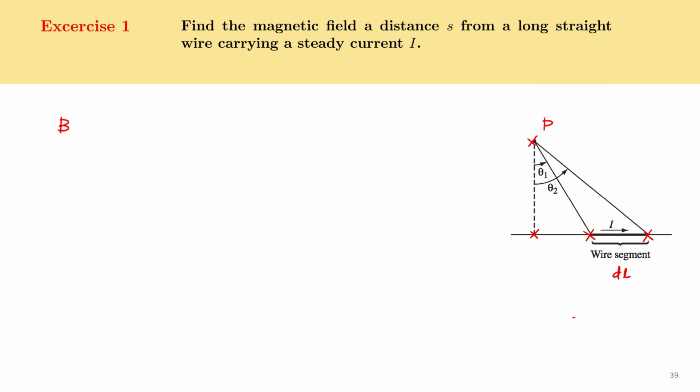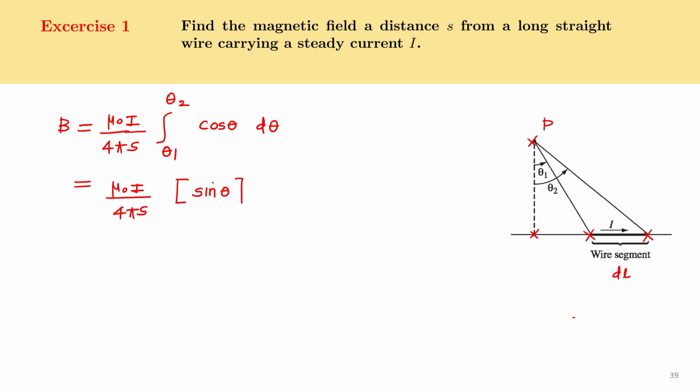Now we have B equal to mu 0 I by 4 pi s integral theta 1 to theta 2 cos theta d theta, and this is equal to mu 0 I over 4 pi s, then sin theta from theta 1 to theta 2, and that is equal to mu 0 I over 4 pi s times sine theta 2 minus sine theta 1.